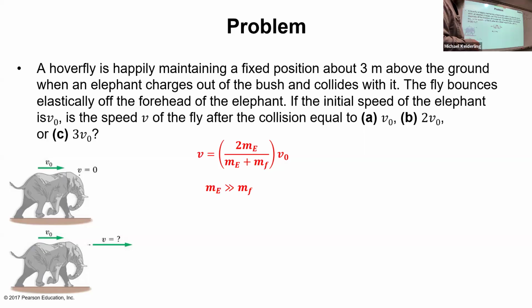But the mass of the elephant is much bigger than the mass of the fly. So the mass of the elephant plus the mass of the fly is approximately the mass of the elephant. So V equals 2 times the mass of the elephant over the mass of the elephant times V0, or just 2V0.